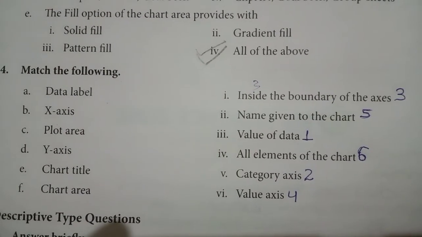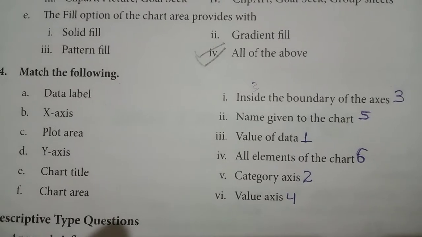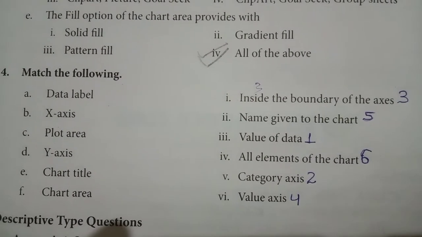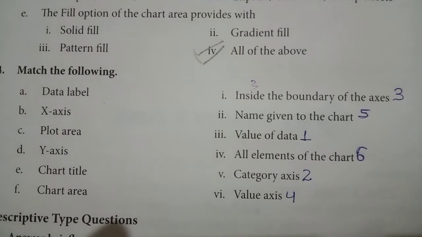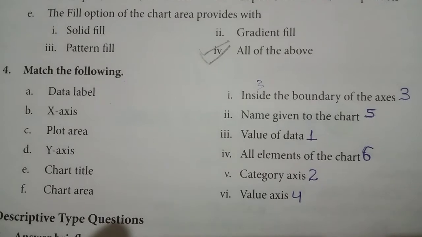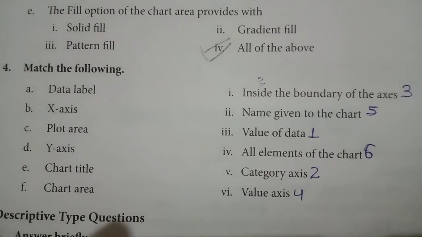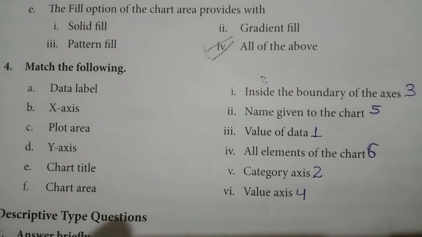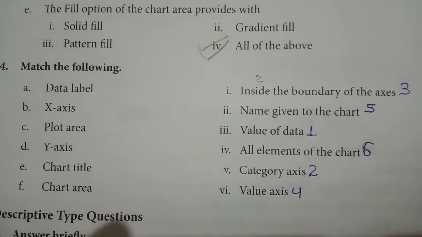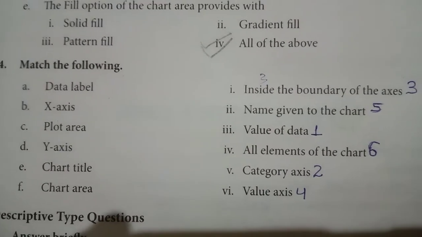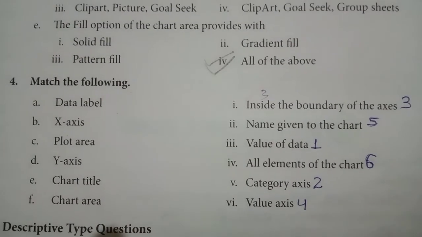Plot area is inside the boundary of the axis. Y-axis is value axis. Chart title. Name given to the chart is called chart title. Chart area. What is chart area?